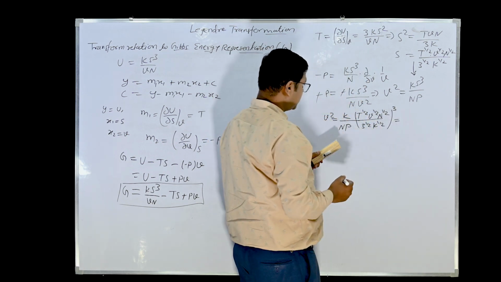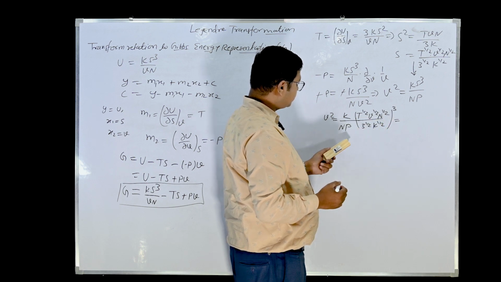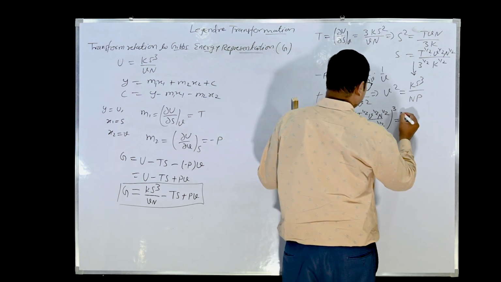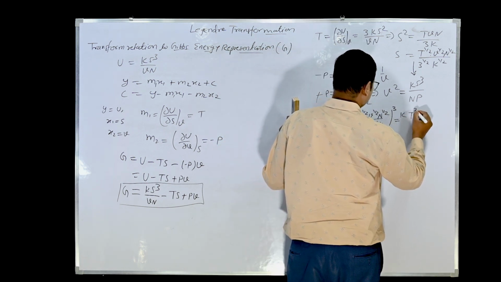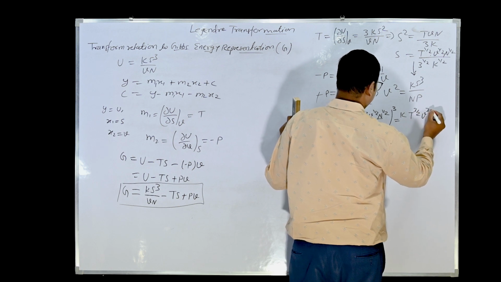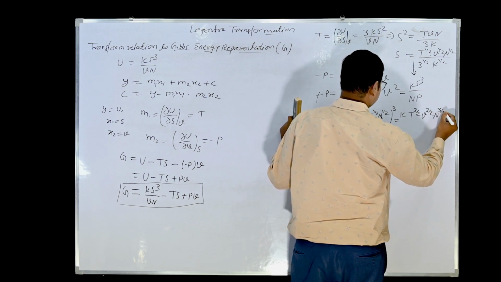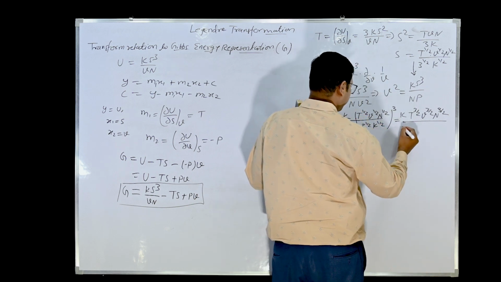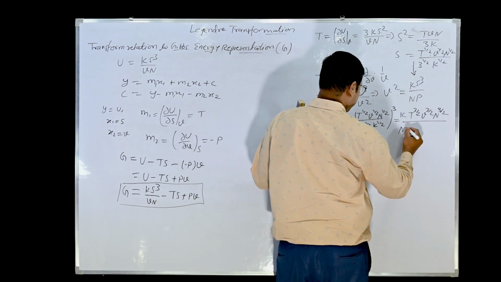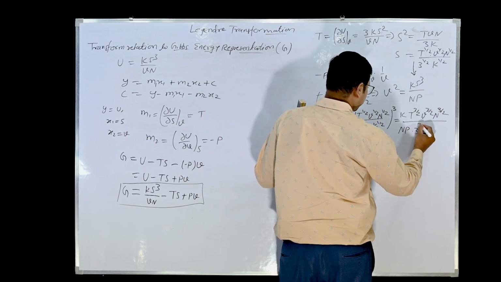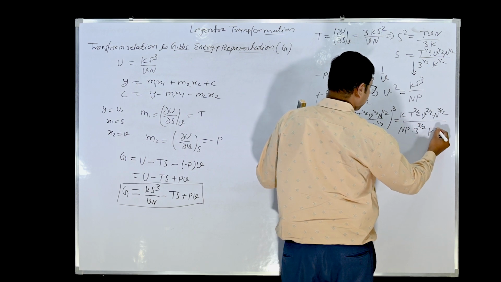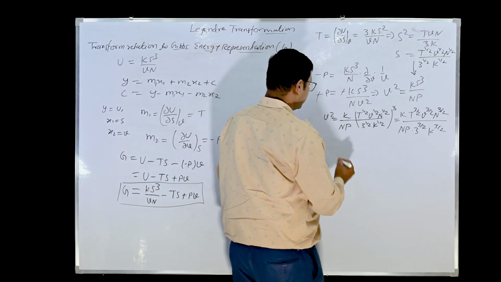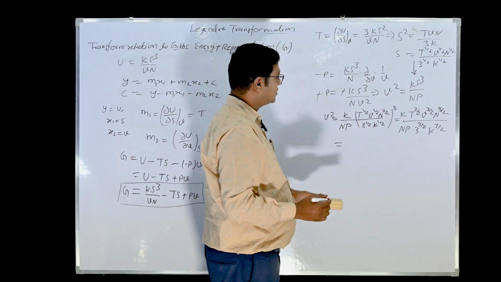I will get K T to the power 3 by 2, V to the power 3 by 2, N to the power 3 by 2 divided by N P into 3 to the power 3 by 2 and K to the power 3 by 2. Let's see what will be cancelled here.